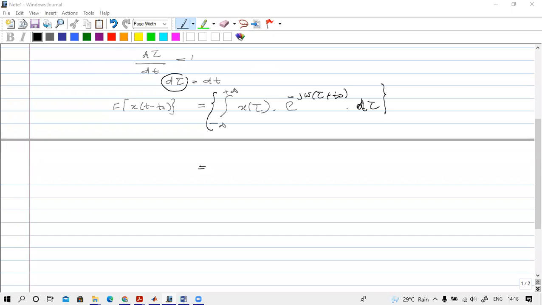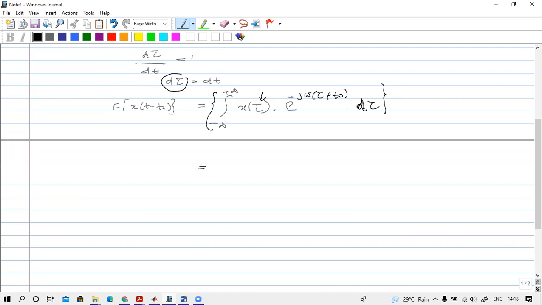What is the independent variable of this identity? I think you know the answer. The independent variable in this identity is tau.